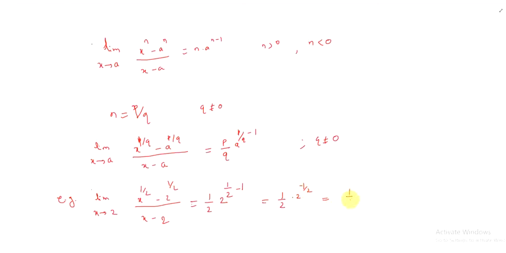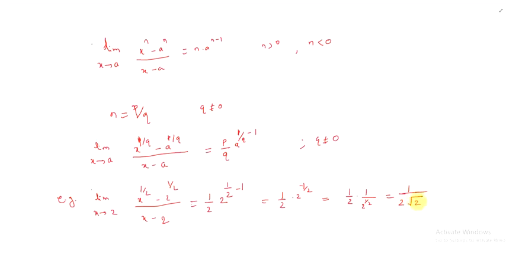That is half into 2 raised to minus half, which can be written as 1 by 2 raised to plus half. 2 raised to half means the square root of 2, so the answer is 1 by 2 root 2.